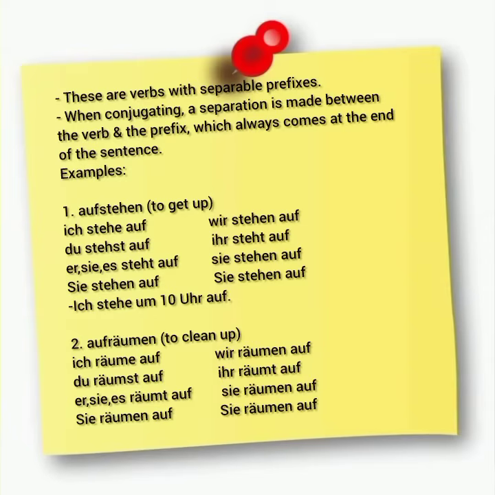So examples of such verbs include, now here's the first one, the verb aufstehen. Aufstehen is to get up. If I'm to conjugate it, the first thing you will do is remove that auf and put it at the end so that you remain with stehen. I know that some of these verbs you had seen before, like stehen, which means to stand.